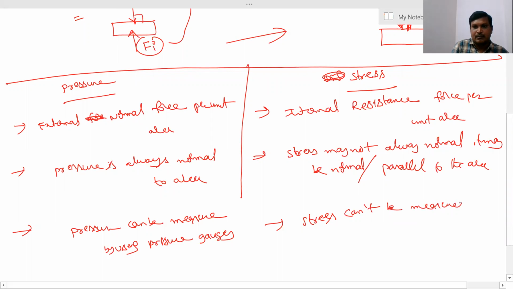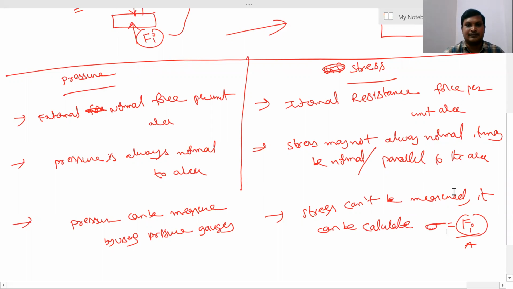It can be calculated, because stress is equal to internal resistance force per unit area. If you know the force, we can calculate the stress, but we cannot measure the stress directly.